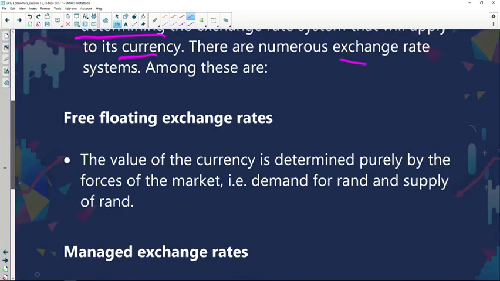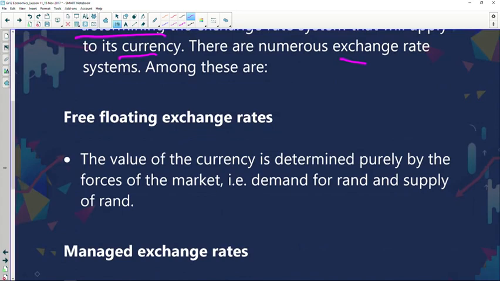So let's have a look at some examples. We've got the free floating exchange system. This is where the value of the currency is determined purely by the forces of the market, that is supply and demand. The market we're referring to is the Forex market.